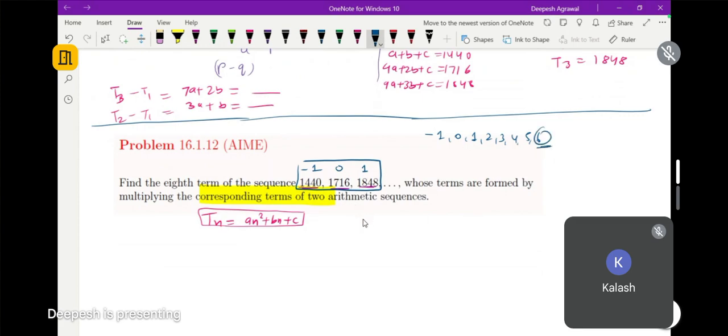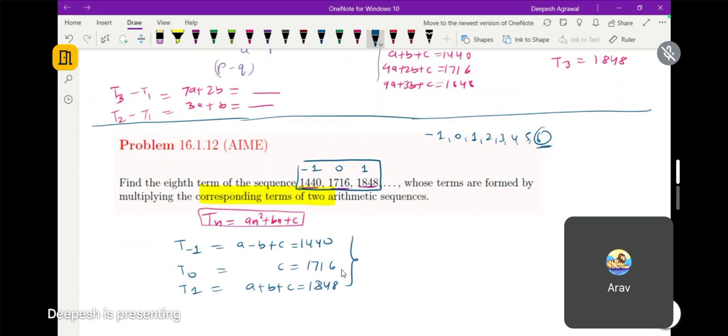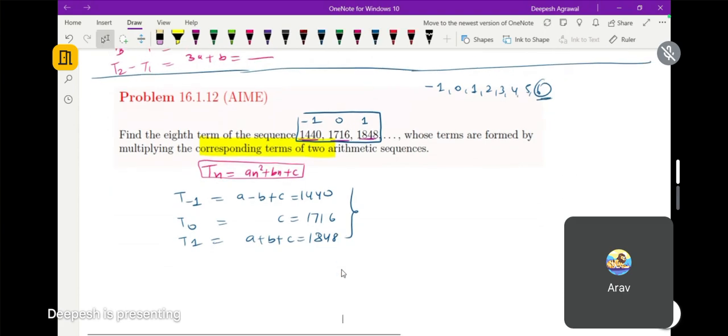Getting my point? In that way also you can take. If you take t minus 1, it becomes a minus b plus c equal to 1440. When you take t0, directly you will get the value of c. If you take t1, you will get a plus b plus c as 1848. It's all about how you think.